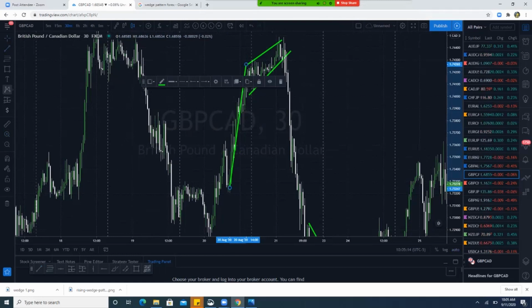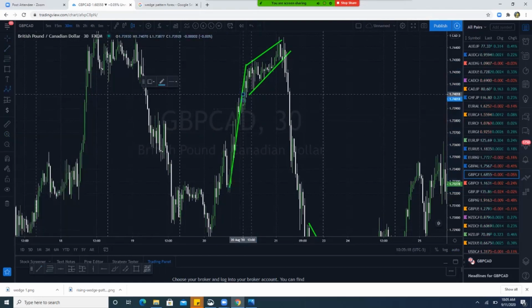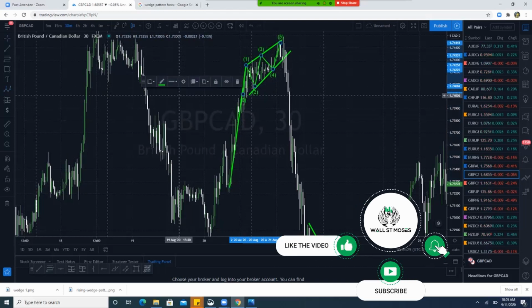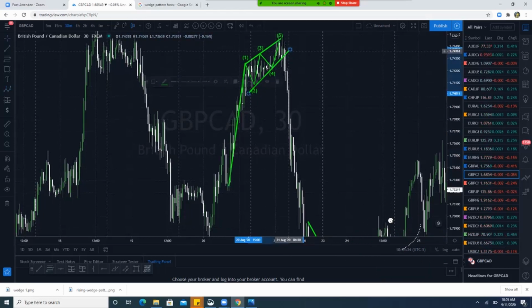And then once we're inside the wedge, you see higher highs and higher lows. The price gets tighter. Now it doesn't have to get really tight, but the point is that it gets tighter. The channel gets tighter, and then eventually you have your breakout.